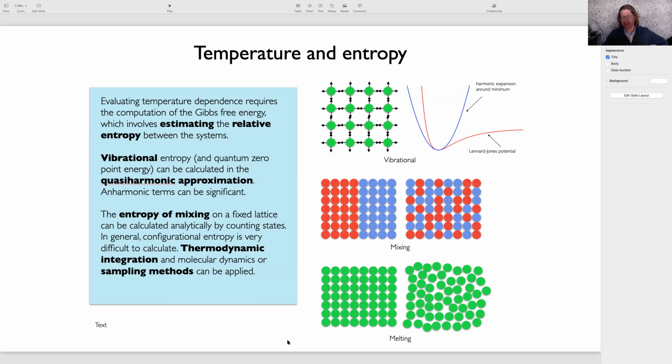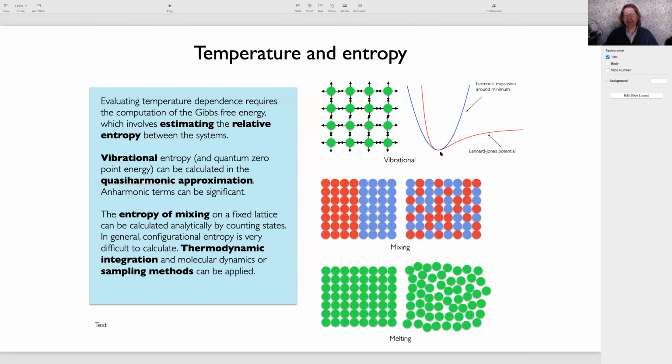This is based around the idea that around a minimum, you can always expand an arbitrary function as a quadratic function, and then you calculate the vibrational modes in that harmonic potential. That leads to phonon band structures and so on, which I hope you've heard about already in this course. From the point of view of calculating the free energy, we really just need to know what the entropy of those vibrations is, and then we multiply that by T. Then we add that to our enthalpy, and then we've got the Gibbs free energy.